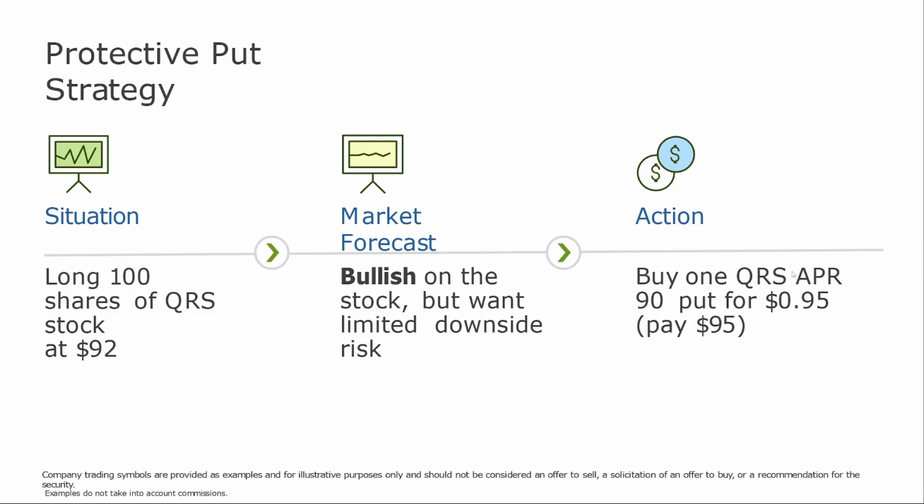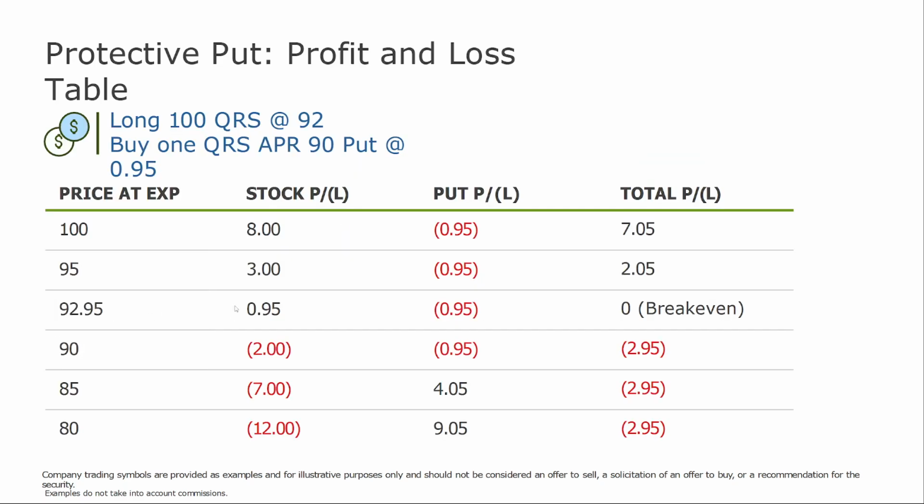The put option is going to help us hedge against the purchase of the stock. So you can see that in this case, for example, if the price goes to 100, we would benefit $8 while we would lose the premium paid for the put. But then it's going to help us if the price goes against us.